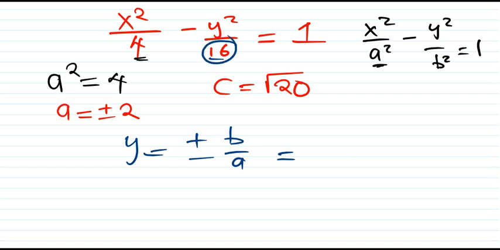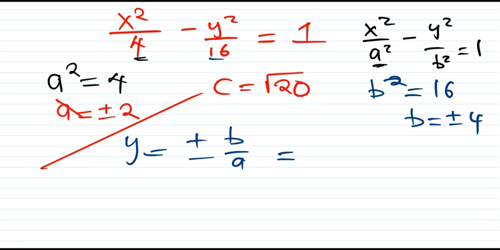Our b squared is equal to 16, so our b in itself is going to be plus or minus 4. Now we understand that for the asymptote that's sloping like this, it's positive, and this one negative. So we're going to have 4 over our a, which we found to be 2.